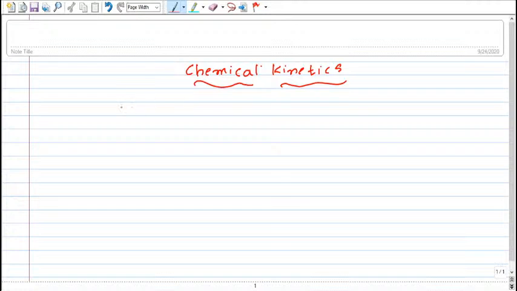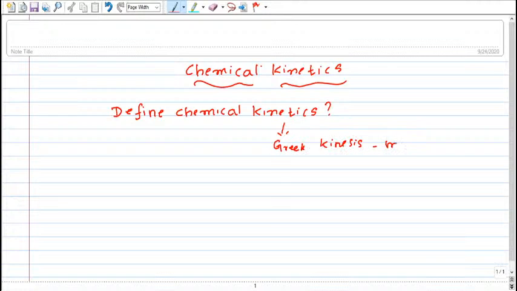See, first we have to go with the definition of chemical kinetics. Kindly note down, define chemical kinetics will be the first question in order to understand this particular lesson. Kinetics comes from the Greek word kinesis, which is nothing but movement.